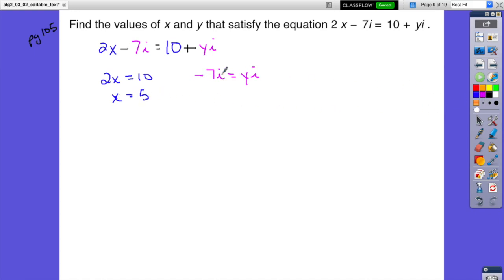And then here, if we divide both sides by i, notice those will cancel out. And so -7 equals y. So my answers are, here's how you're going to write your answer, very simple. x equals 5 and y equals -7.